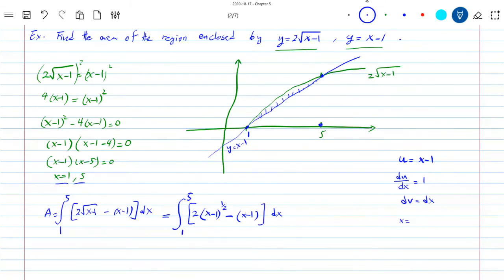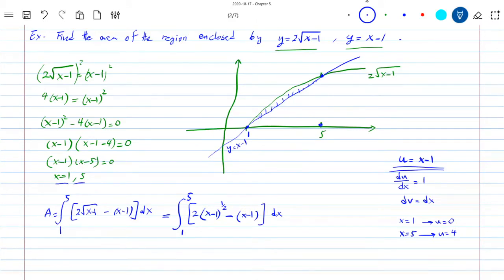If x is 1, what do we get for u? u would be 1 minus 1, which is 0. If x is 5, what do we get for u? u would be 5 minus 1, which equals 4. I use this to figure out what u is.